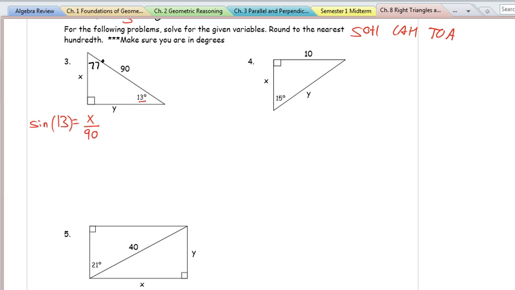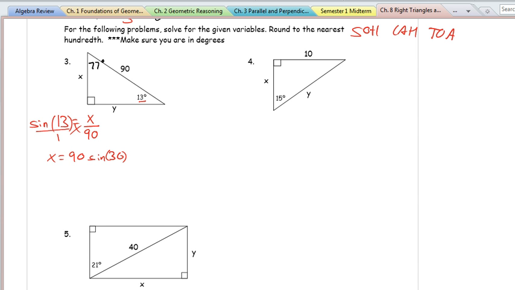You could make this over 1 and cross multiply, which is probably what I would do. Or you're really just multiplying both sides. So we'll cross multiply and say x equals 90 times the sine of 30. That's exactly what we'll punch into the calculator.